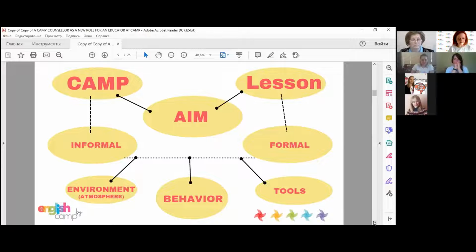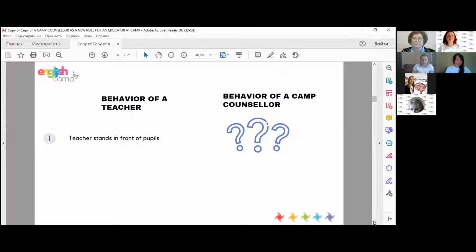To speak about one of the key elements, the behavior of a camp counselor, I'll give you some examples of a teacher's behavior, and I'd like you to think about the corresponding behavior of a camp counselor. We can turn on mics and say your opinion, or maybe write in the chat.